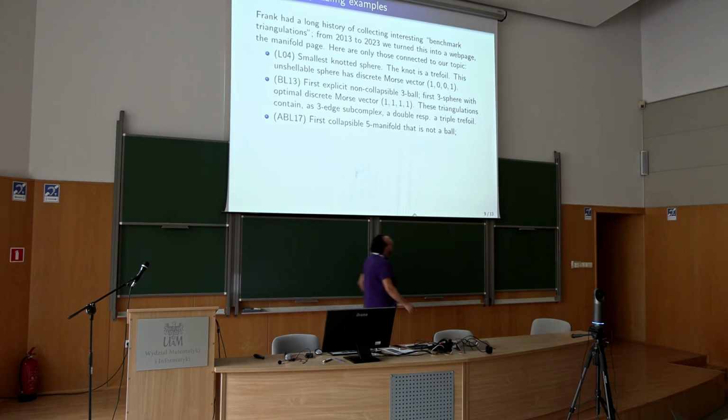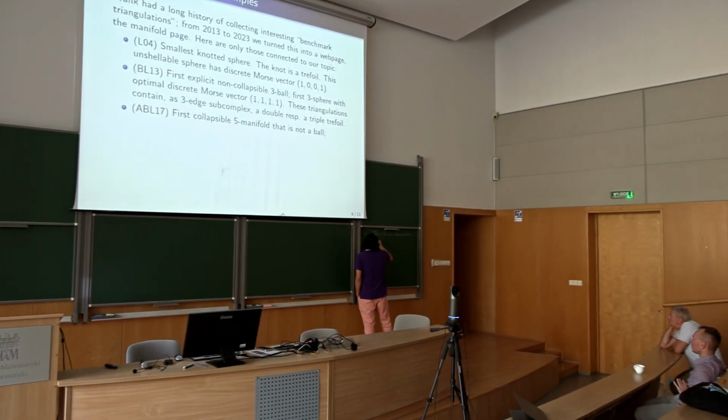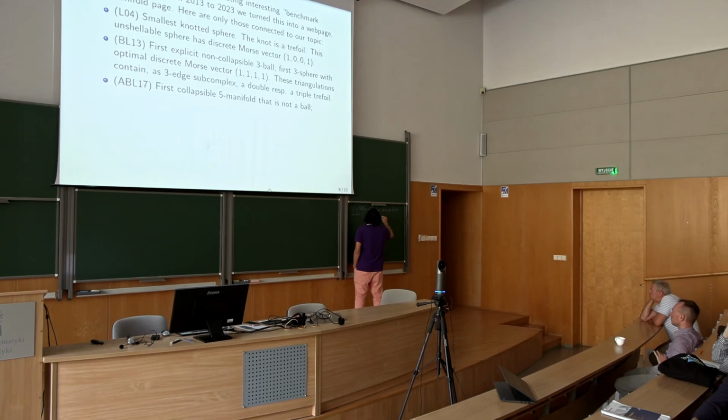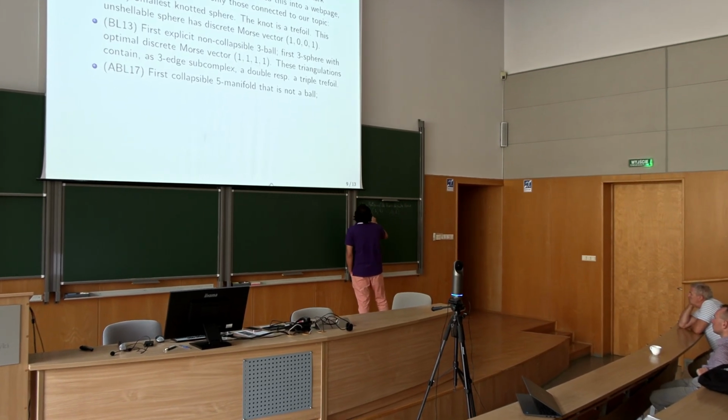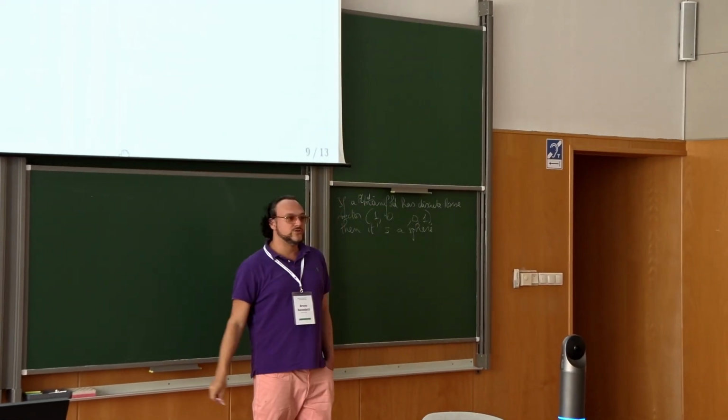So one way to frame it, you have this statement: if a PL manifold of dimension D has discrete Morse vector one, zero, and so on, zero, one, then it's a sphere. This was a theorem in Michael's talk from the previous hour.